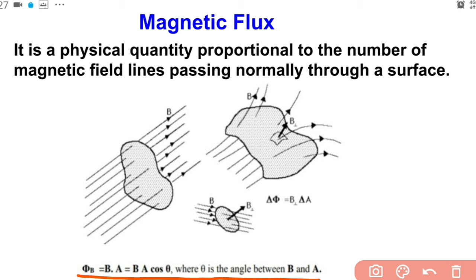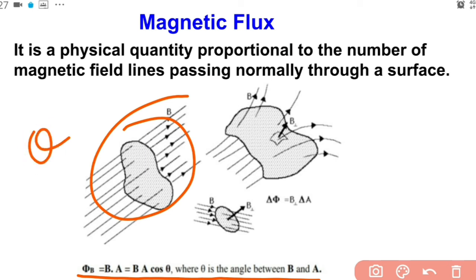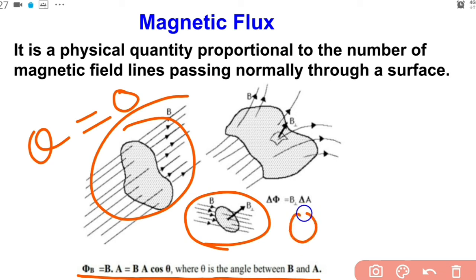This first diagram is the example in which both B and area vector are in the same direction. So in this case theta is equal to 0. In this case, both B and area vector are perpendicular to each other, and here we have theta equal to 90 degrees.